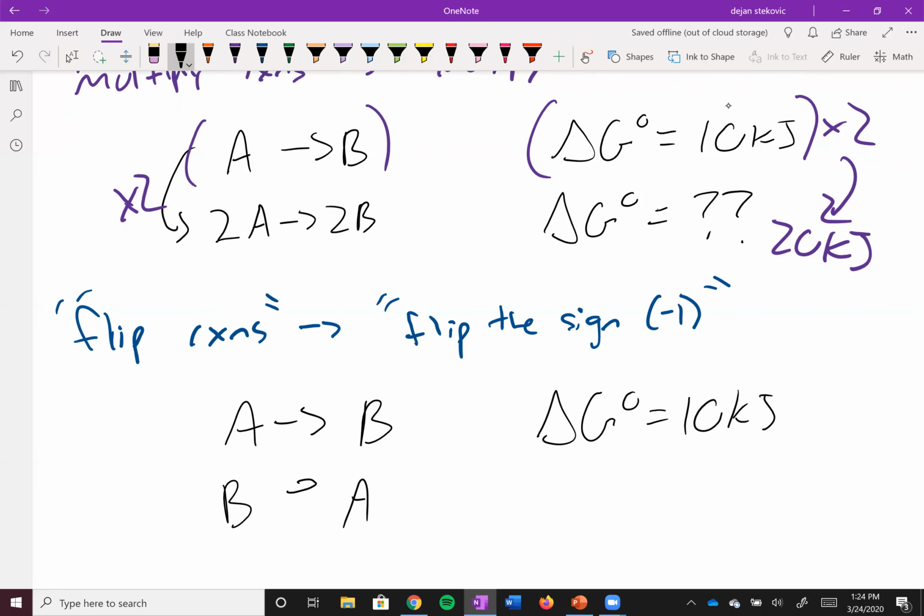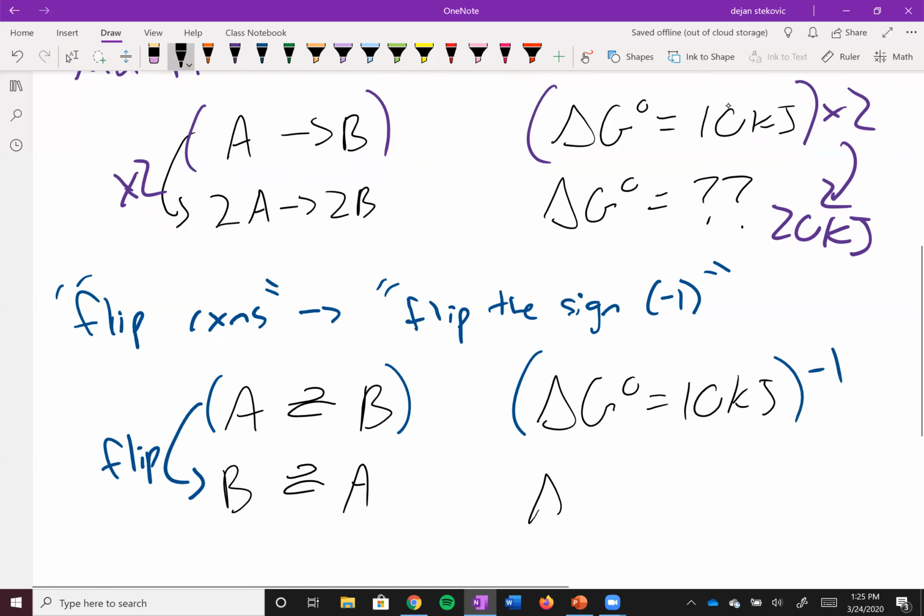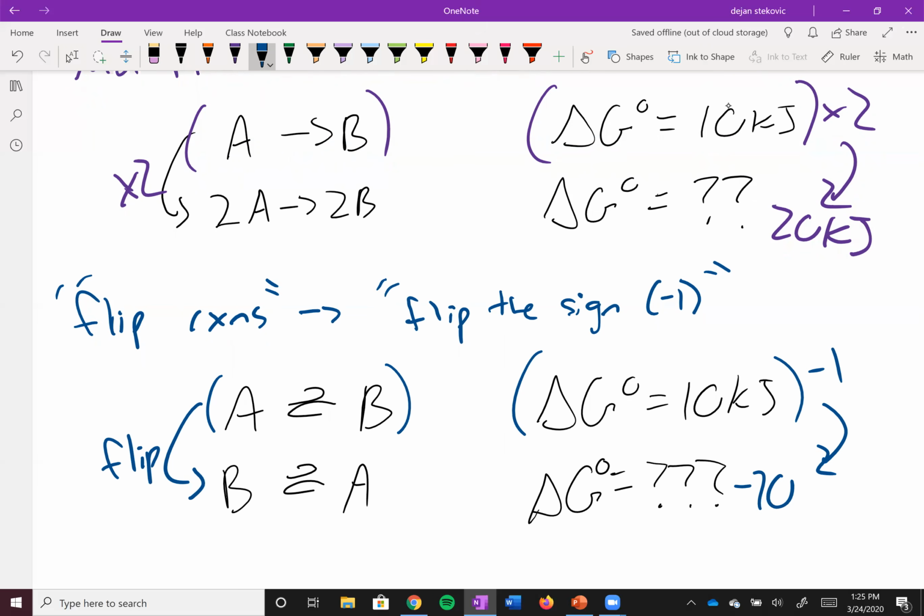It doesn't really matter. You can see that these two are reverse of this reaction, right? So if you think here, oh, I need to flip this upper one. Well, what I'm doing by flipping is I'm multiplying by -1. And so when you do that, you get the delta G of this second one to be -10 kilojoules.